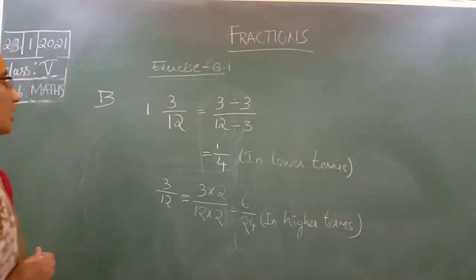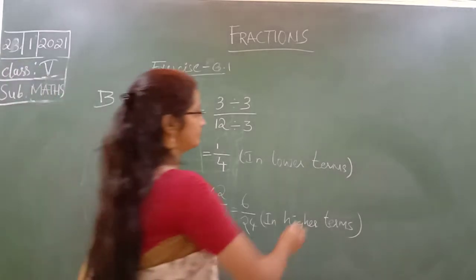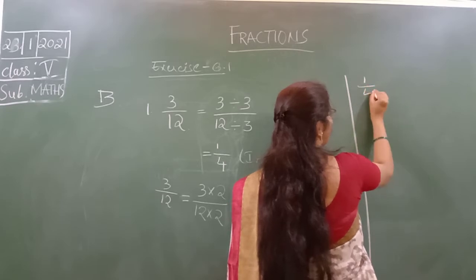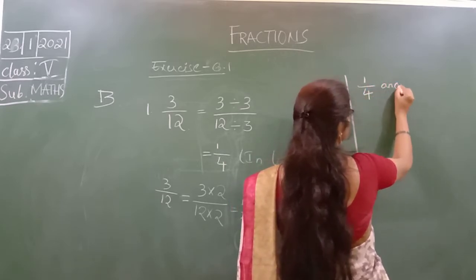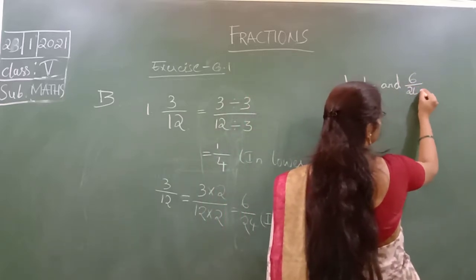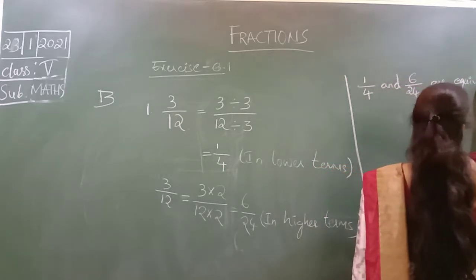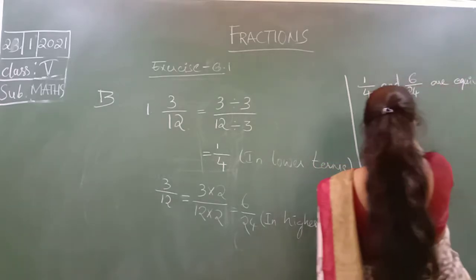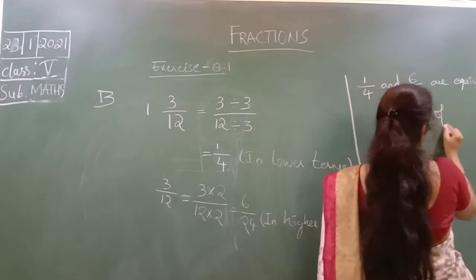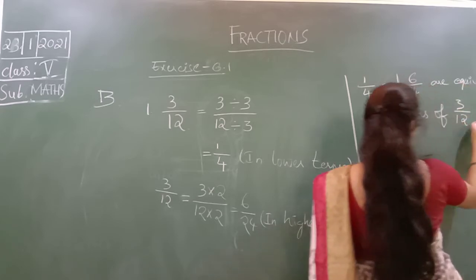Then what are the equivalent fractions of 3 by 12? 1 by 4 and 6 by 24 are equivalent fractions of 3 by 12.